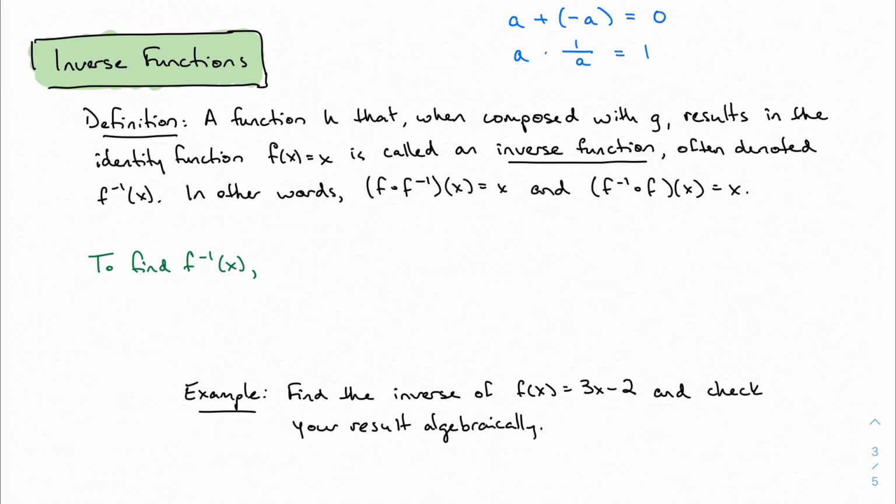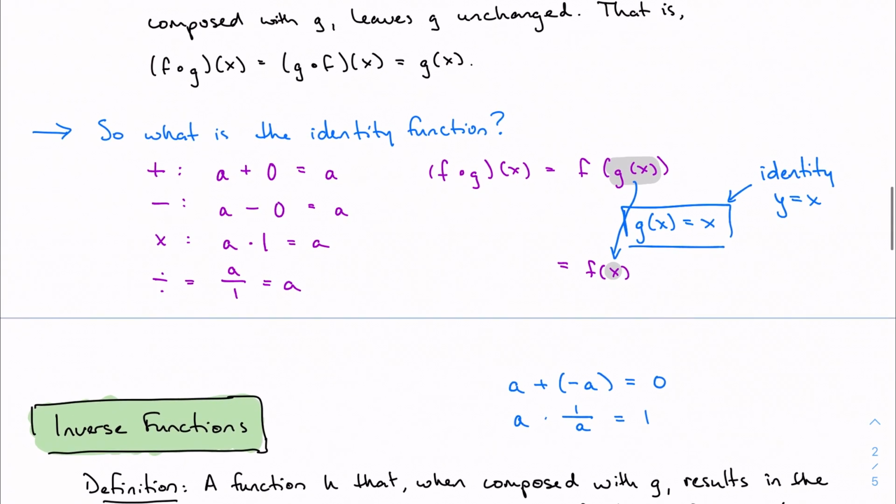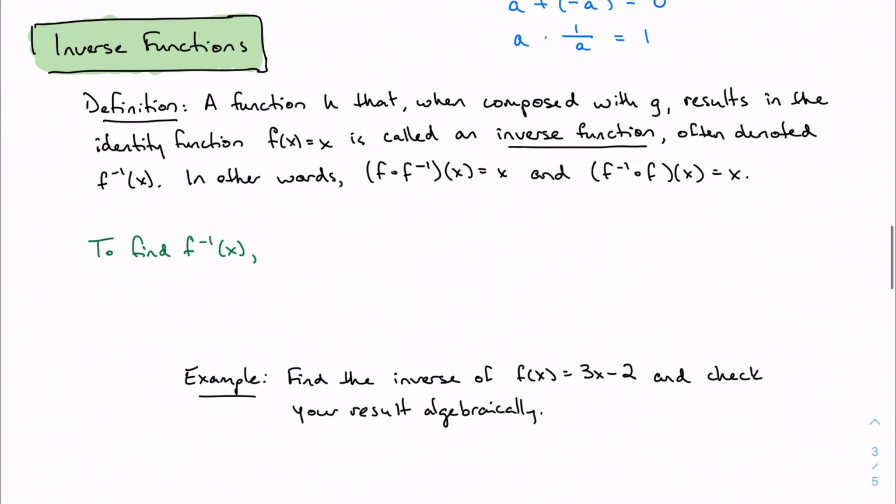Just like we had an identity for composition, we also have an inverse when we deal with functions. So I should be able to compose a function and its inverse together and get the identity. And it doesn't matter which order I do this in. You might have remembered from Algebra 2 that to find f inverse of x, I'm going to interchange the places of x and y and solve for y.